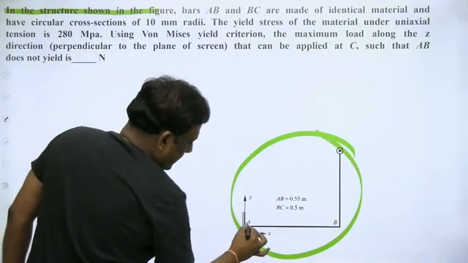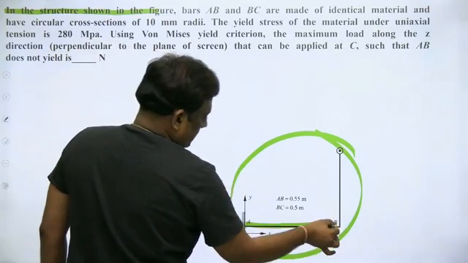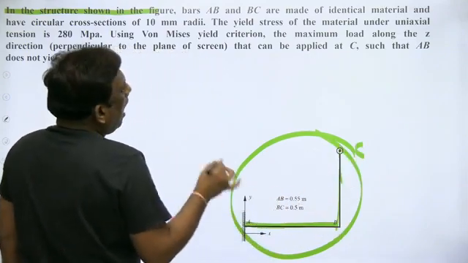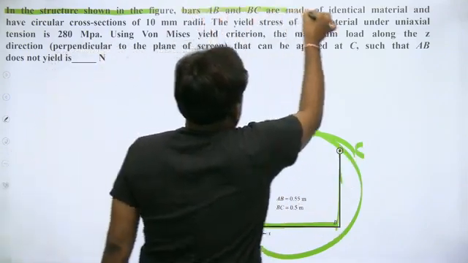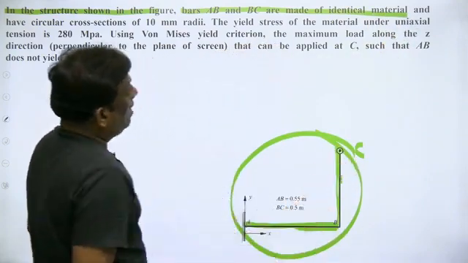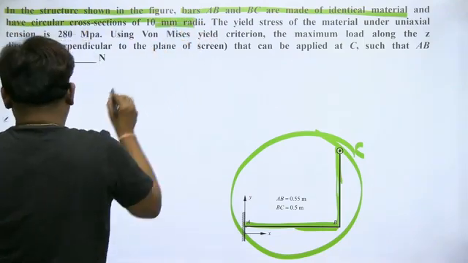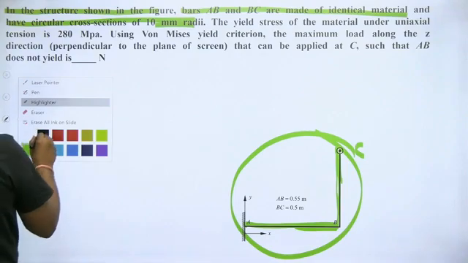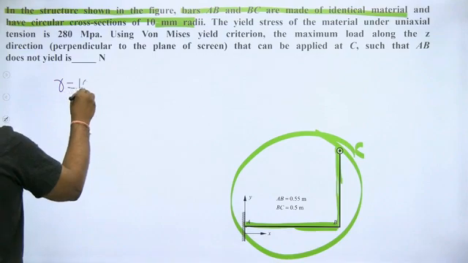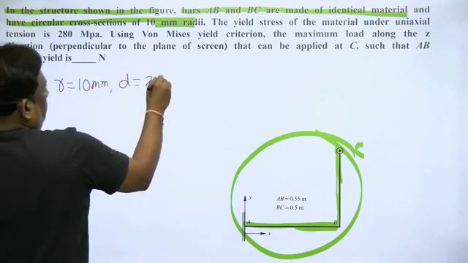Bars AB, this is AB, and BC, this is B and this is C, are made of identical material. Both these bars are made of identical material, having circular cross section of 10 mm radii. The radius is 10 mm, or the diameter is 20 mm.